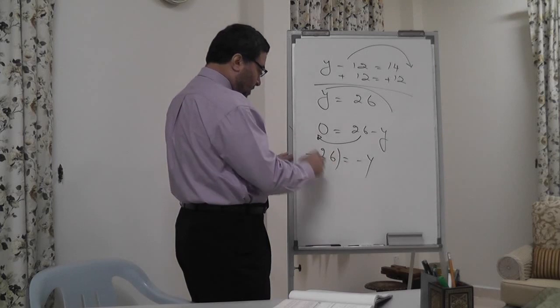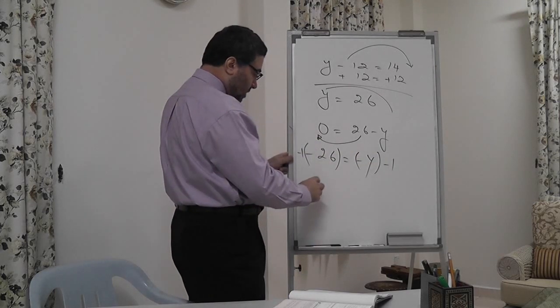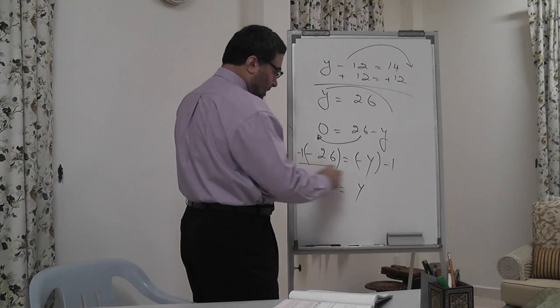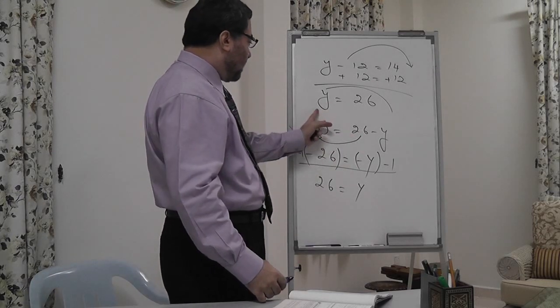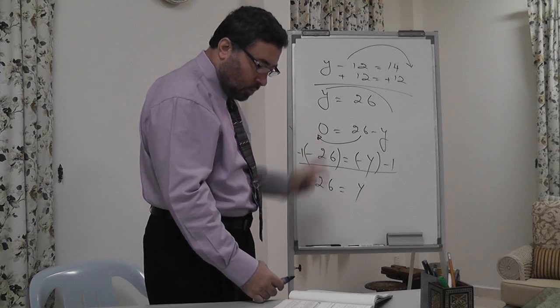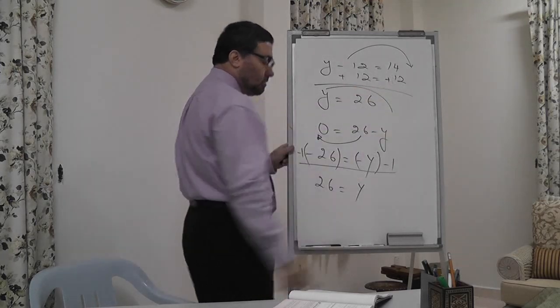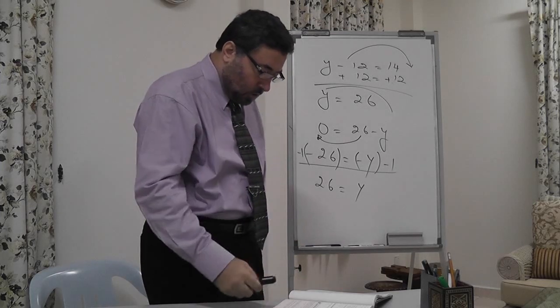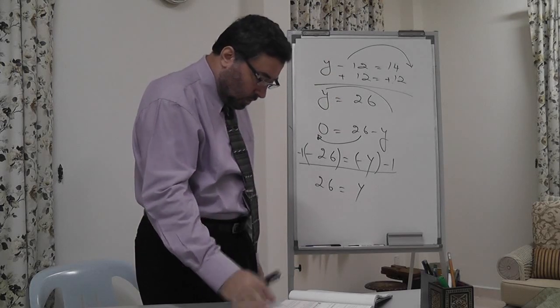I multiply everything by minus 1, and I will have here 26 equals y. This step we will do later on. The point is, I can move any number from one side to the other, provided I change its sign. And the reason, as you can see here, is because if equals are added to equals, the sums are equal, or if equals are subtracted from equals, the differences are equal.